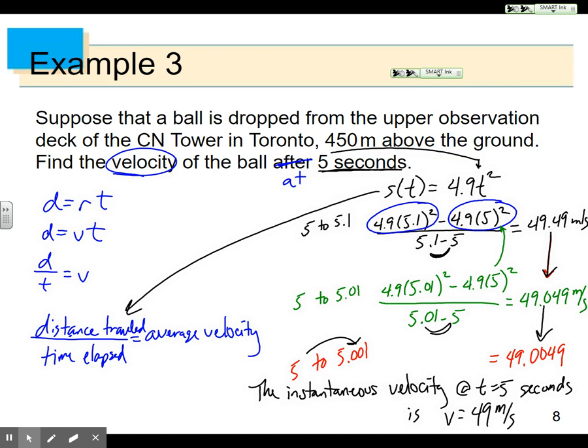Again, I never did get 49 meters per second for my answer, but I'm getting closer and closer to it. And that's what we're going to be interested in calculus, not necessarily what it's equal to, but what I'm getting closer and closer to as I approach a really small time interval.